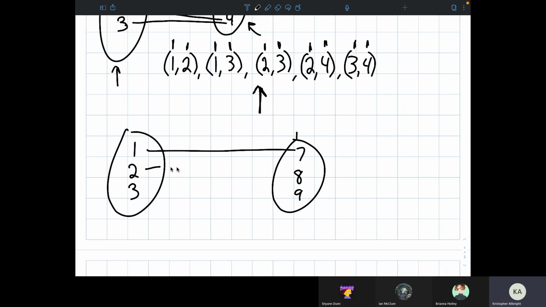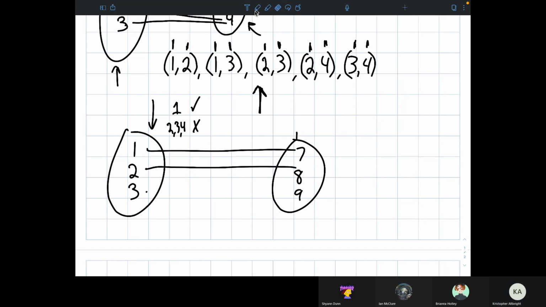We can only have one line that goes between these things. So what we're looking for over here to determine whether this is a function or just a relation is how many lines are coming out of each of these. If the answer is 1, then it's a function. If the answer is more than 1, not a function. 2, 3, 4, doesn't matter.